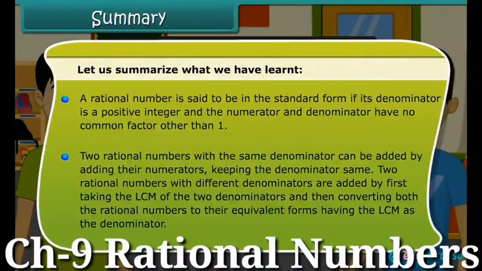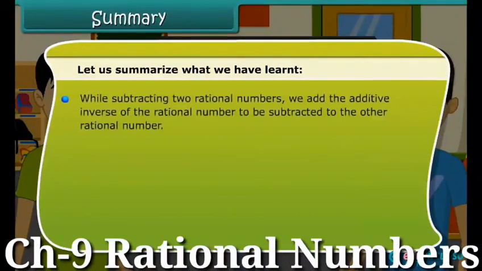Two rational numbers with different denominators are added by first taking the LCM of the two denominators and then converting both the rational numbers to their equivalent forms, having the LCM as the denominator. While subtracting two rational numbers, we add the additive inverse of the rational number to be subtracted to the other rational number.